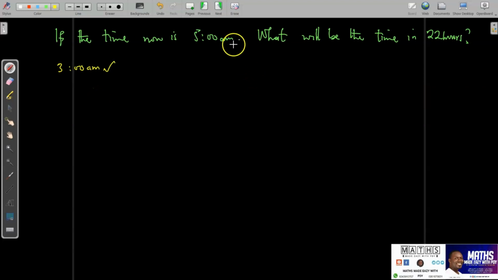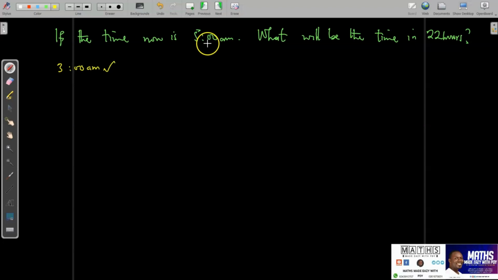Now, we have the 24-hour clock, and then we also have the 12-hour shift kind of thing. You can choose to use any of them. If we consider 5 a.m. in 24-hour time, it's also going to be 5 a.m. I hope you agree with me.